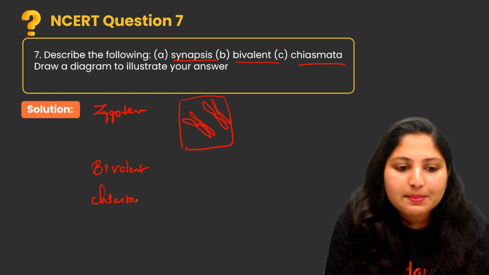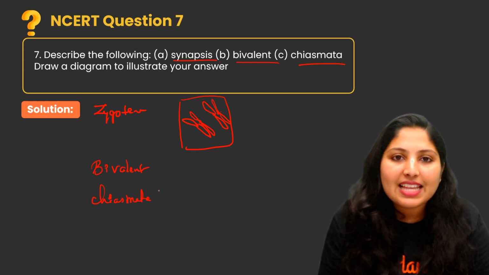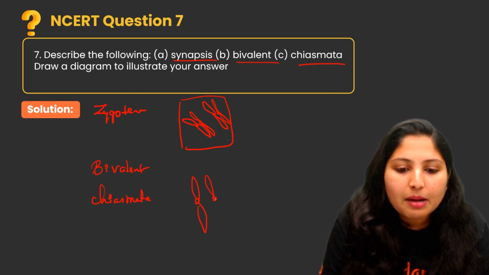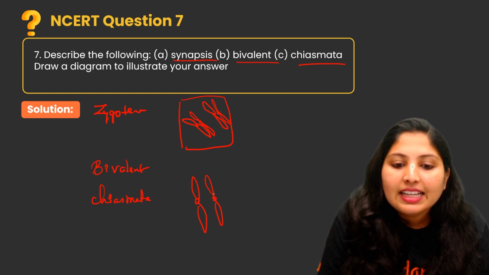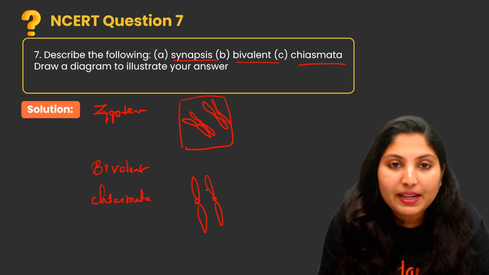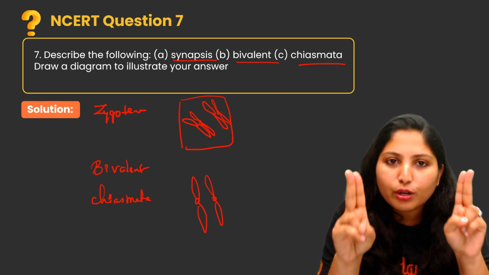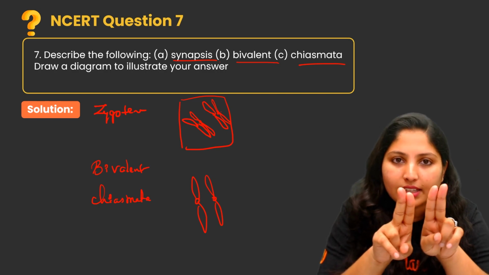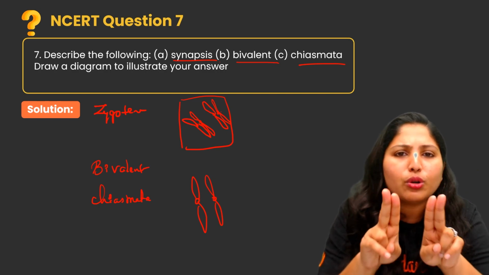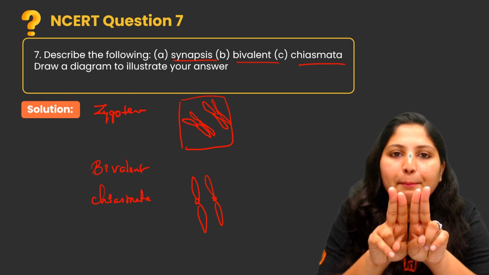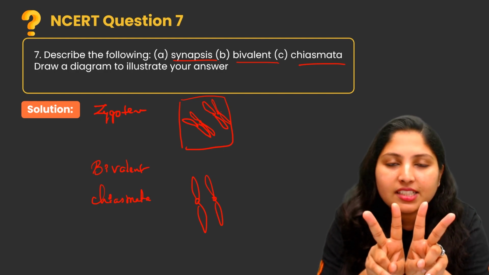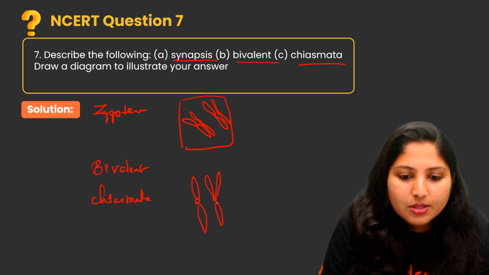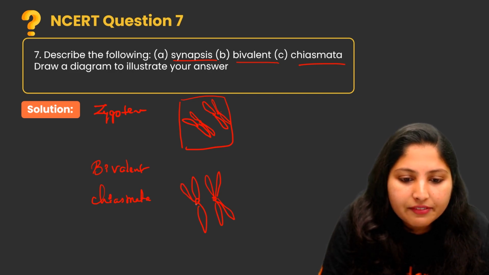The next one is chiasmata. What do you mean by chiasmata? See, once the synapsis is done, that means two homologous chromosomes have come close to each other. After that, what happens? The sister chromatids will split.